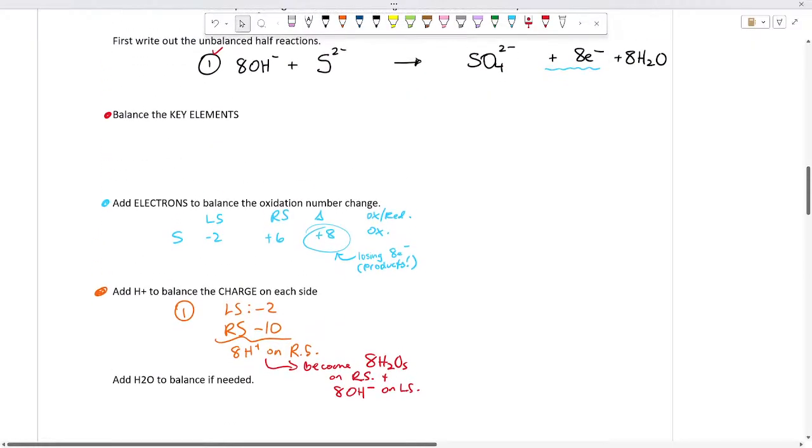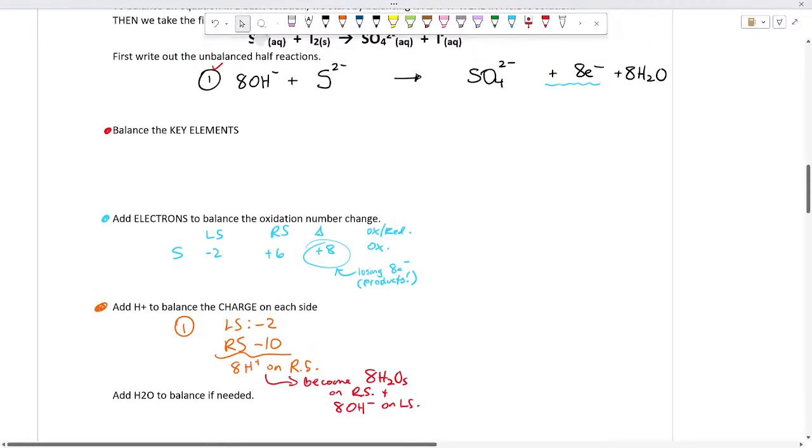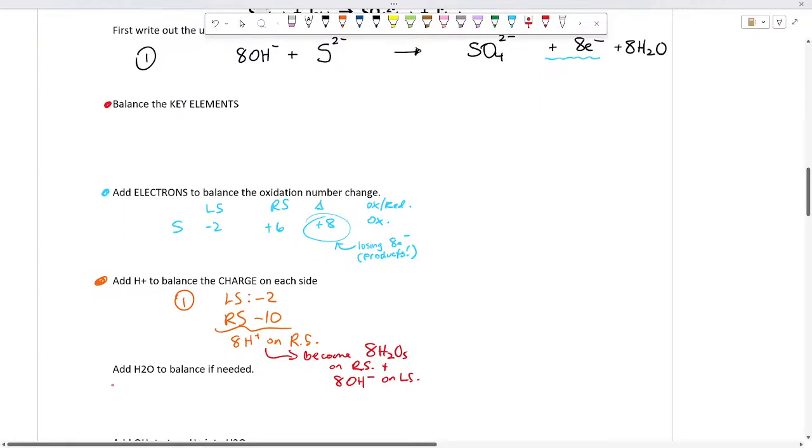What's the last step? Water to balance. And we can quickly look to see if we need it. And I think we do need it. How many do we need? Let's count. H2O on the left, or just let's count. H is on the left, 8.